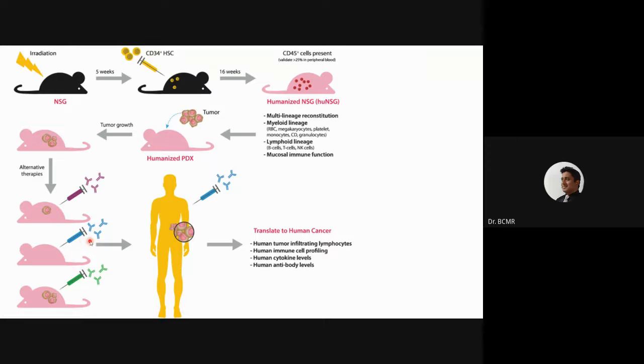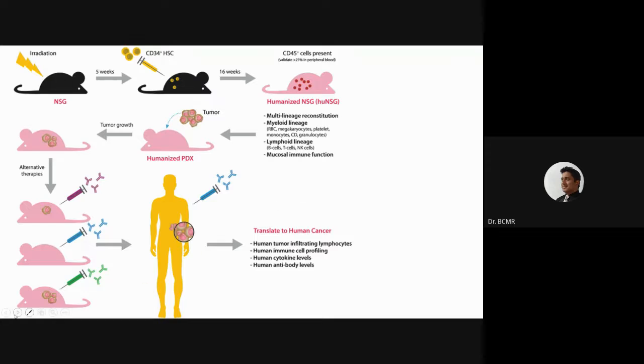And apparently, using these monoclonal antibodies is showing better results. So you can probably translate that into human subjects, and eventually we can develop a treatment strategy or approach for cancers. Okay, that is how these mice are used.